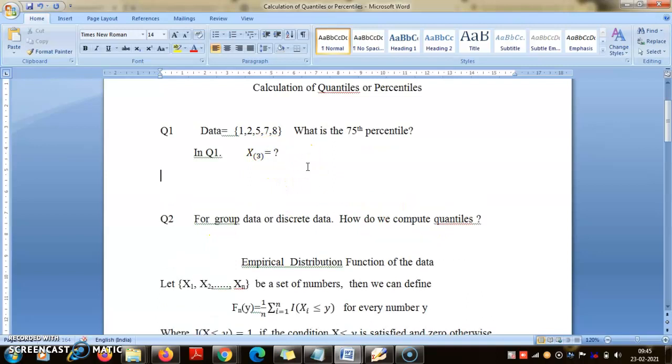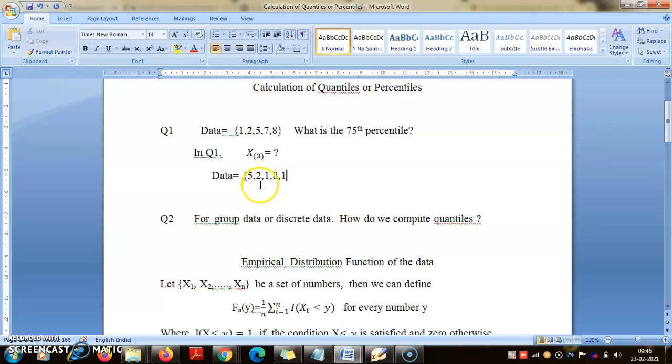And suppose I change the data. Suppose I have another data, the numbers are same but given in another order. Let us say 5, 2, 1, 8, 7.